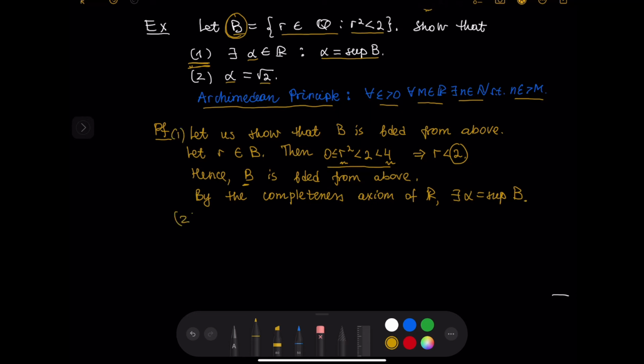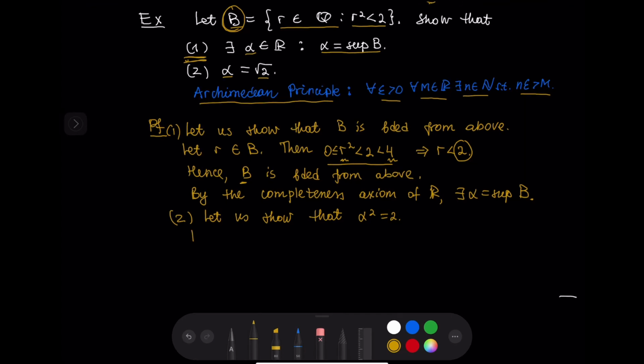Now let us work on statement 2. So let us show that alpha squared is equal to 2. That's really what we want to show, right? So by trichotomy, either alpha squared is equal to 2, or alpha squared is less than 2, or alpha squared is larger than 2.